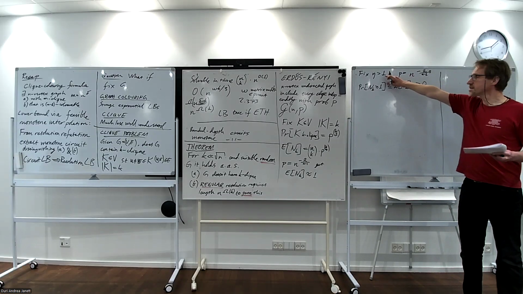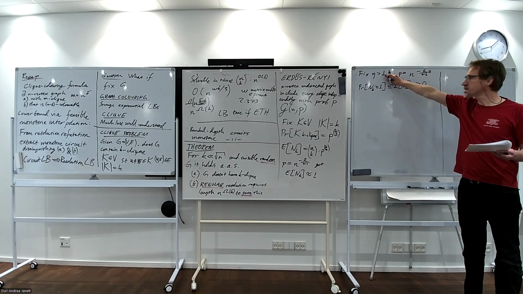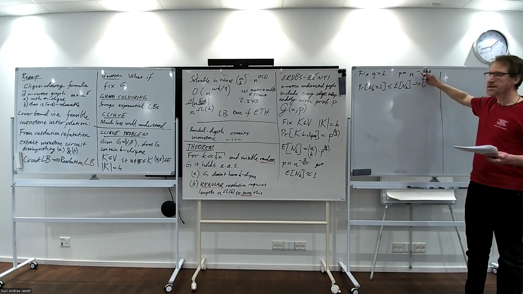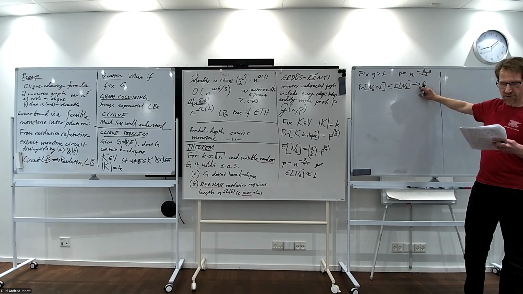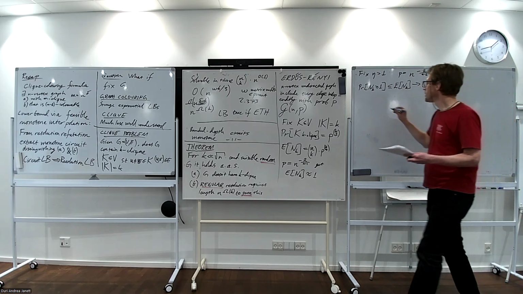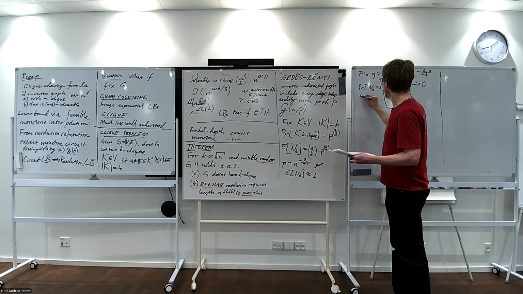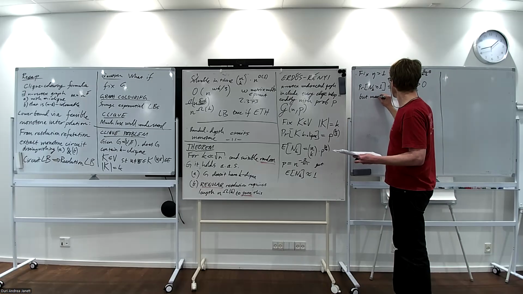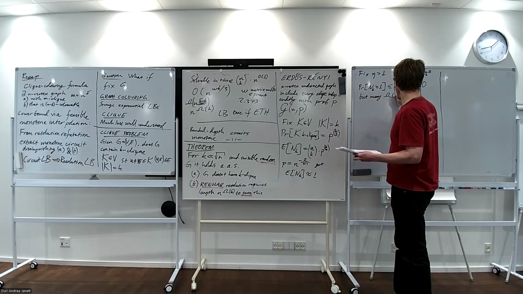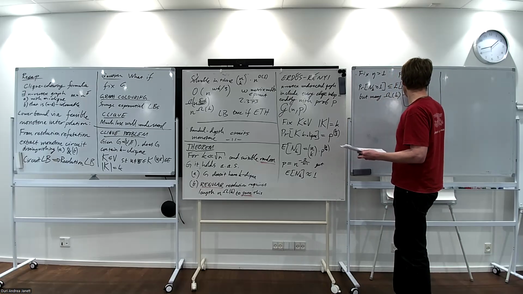Okay, so this is an interesting edge probability in the sense that we're sure that there is no k-clique, but we have many, big omega of k-size, cliques.